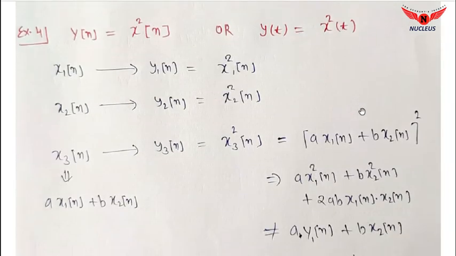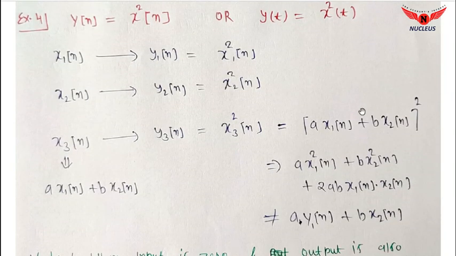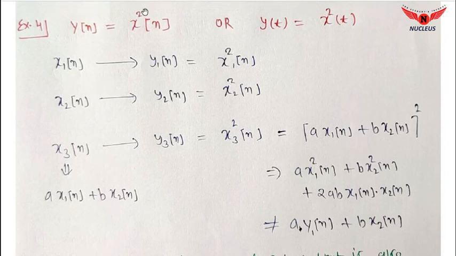And next question, y[n] equal to x square [n]. You can see here is the square term. So this is clearly non-linear. You can prove with two conditions. Let's consider x1 as our input and the corresponding output is y1 equal to x1[n] square, and next is y2[n], and the corresponding input is x2[n] square.